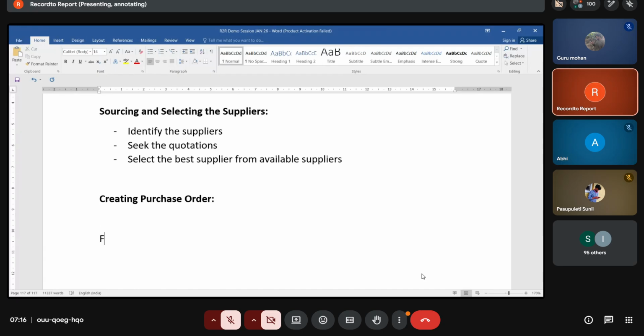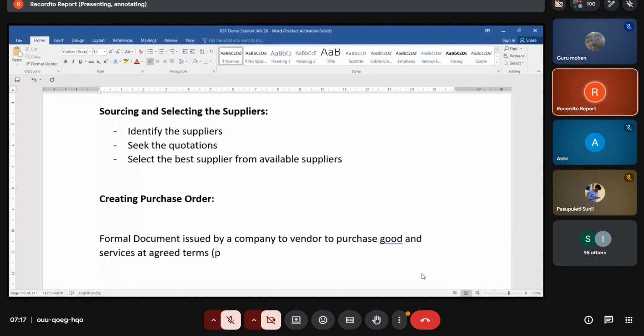Purchase order is a formal document issued by a company to a vendor to purchase goods and services at agreed terms, that is price, quantity, delivery date, and payment terms and conditions.